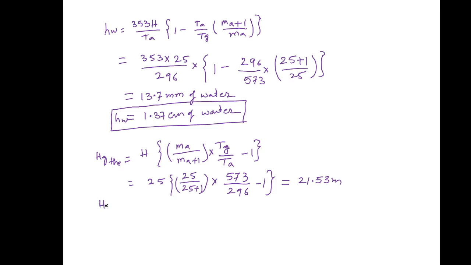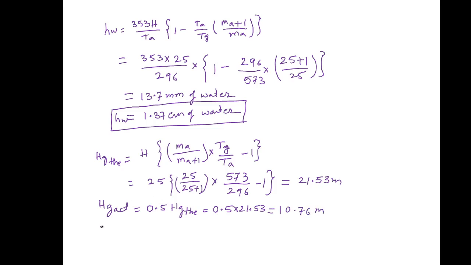The actual draught produced in hot gas column is given by 0.5 times the theoretical draught, so 0.5 into 21.53 works out to be 10.76 meters.